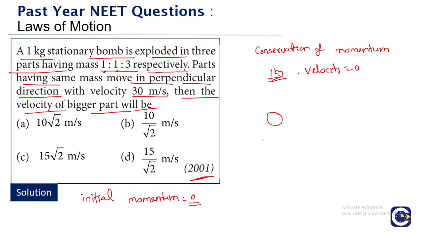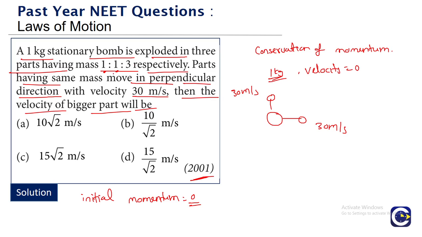Now it explodes in such a way that it gets into 3 parts. The 2 parts having equal mass fly in perpendicular directions, both with 30 meter per second. Here we need to understand the actual masses of these particles.